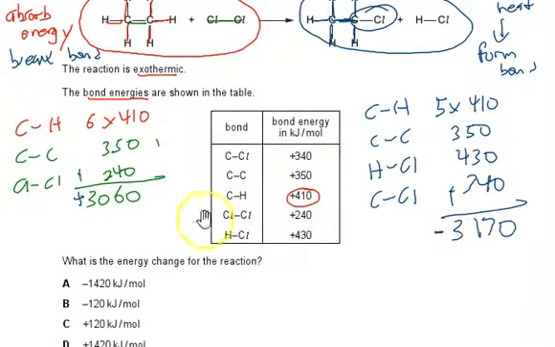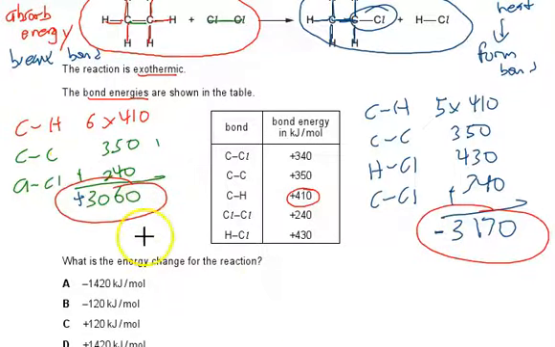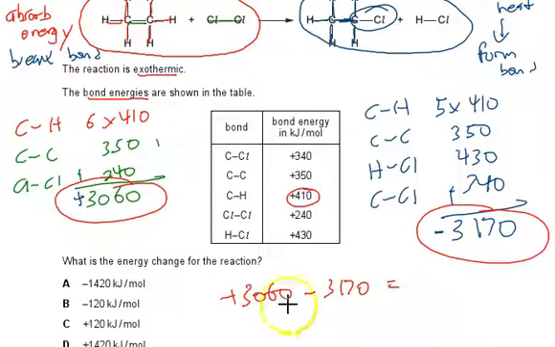So now we have to add both of these. Take this and add with this. So I'm getting over here about negative 110.